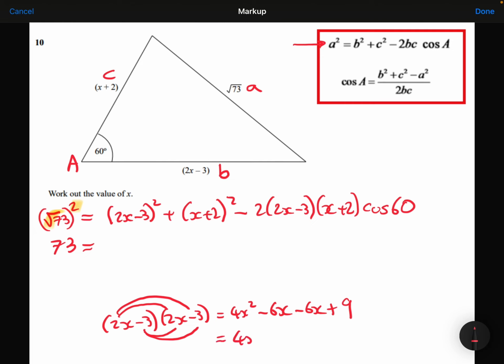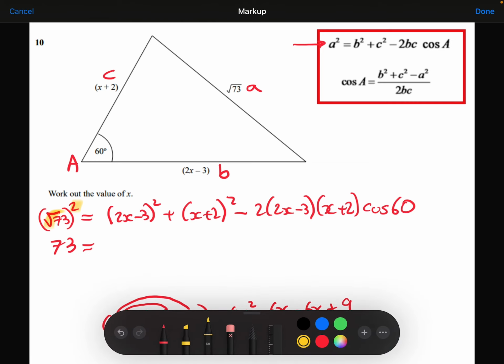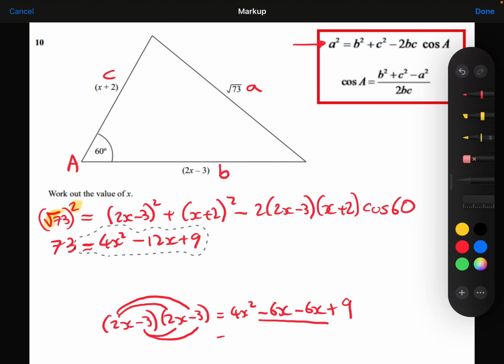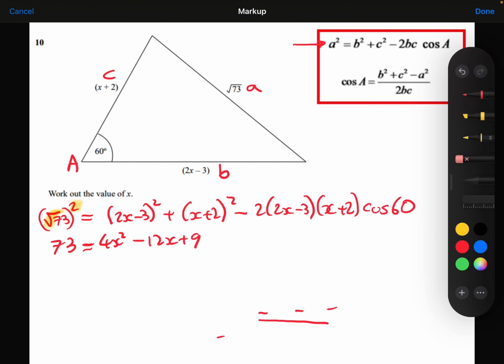We can then collect up the like terms. Minus 6x and minus 6x is minus 12x. So this is my 2x minus 3 all squared.